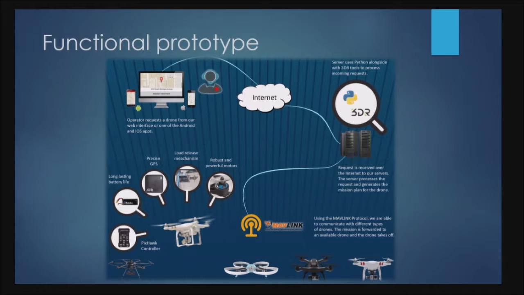You just tap a location on a map in the app, and this specific location is received by the server, which runs on Python. It accepts the command, processes it, and makes a plan that is deployed to the drone. Then the drone will go to the location that was given from the app.